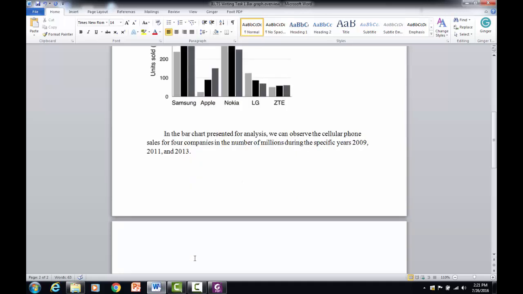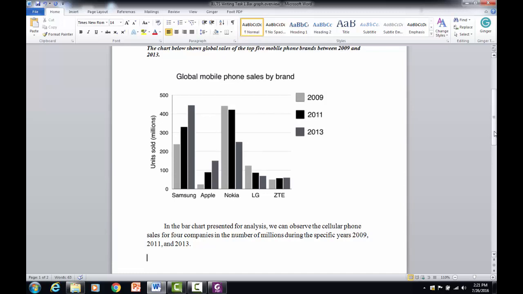Our general overview here is going to be really straightforward. First, when we look at the year 2009, 2009 is the bar that's on the left, and then 2011 is in the middle, and then 2013 is on the right. It goes in ascending order, right?